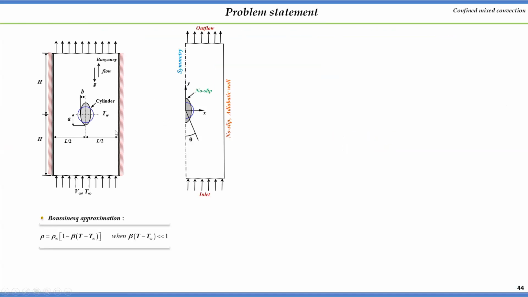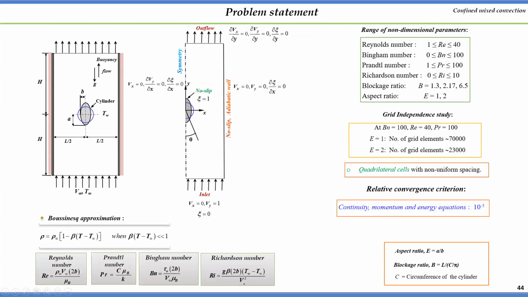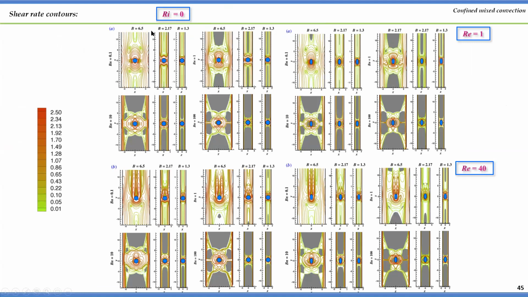Finally, briefly, I want to show you what kind of changes you see in your results if you confine your flow by imposing two solid boundaries. Here you see that if you bound your flow with two solid boundaries, there is a very steep shear rate. These are high values of shear rate next to the wall, next to the geometry.